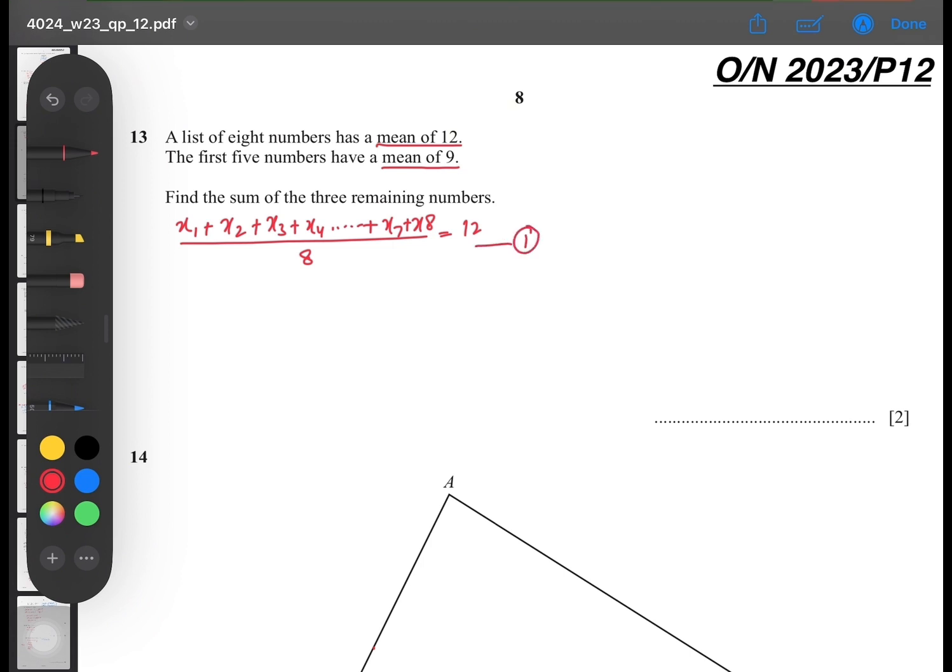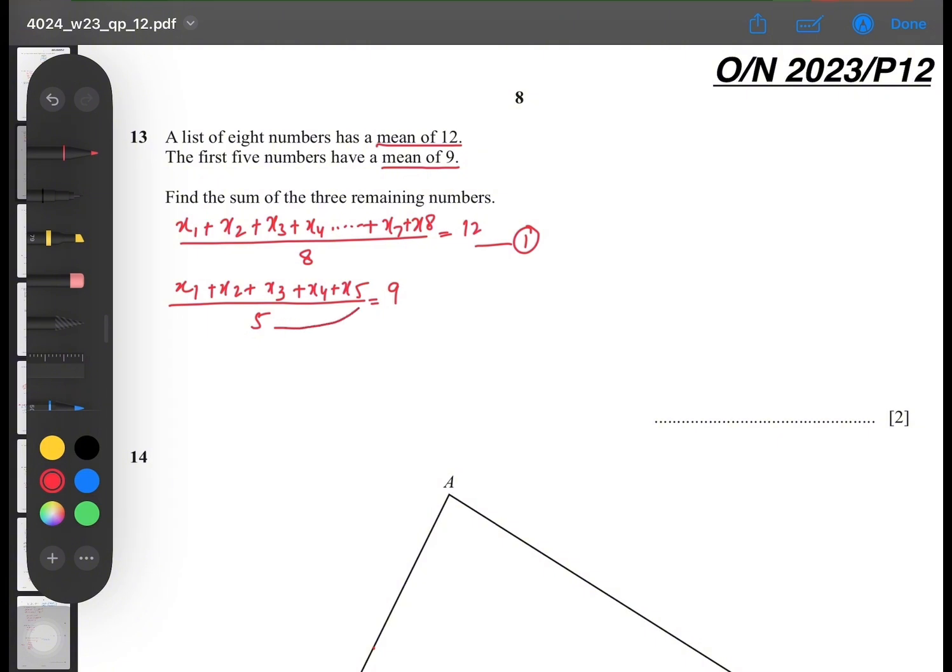If we see the second line, the first 5 numbers have mean 9. So the sum of the first 5 numbers, x1 plus x2 plus x3 plus x4 plus x5, over 5 is equal to 9. So we'll find the sum of the 5 numbers.